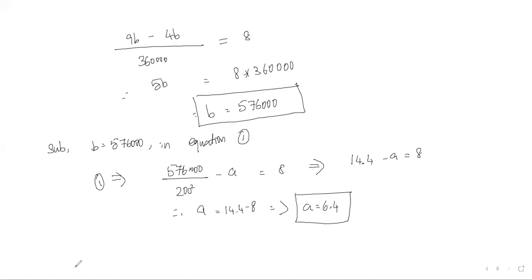So substitute A is equal to 6.4, B is equal to 5,76,000, so that we can get the value of Px and sigma x.